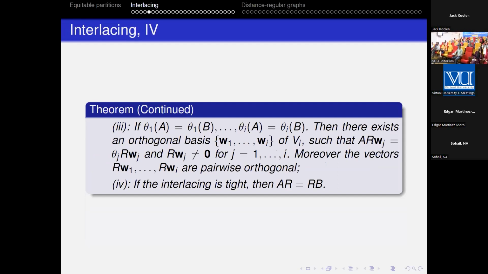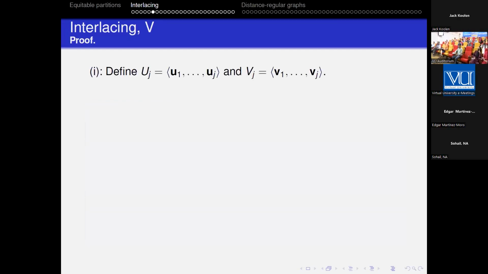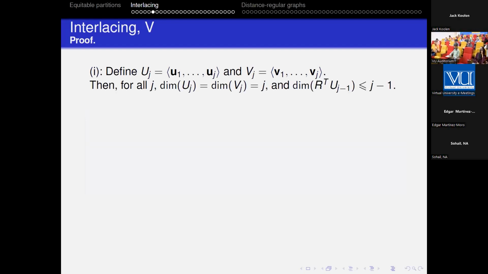This will later be important to show that this is sometimes a sufficient condition for a partition to be equitable. So we define U_j as the vector space spanned by U1 to U_j, and V_j as the vector space spanned by V1 to V_j.